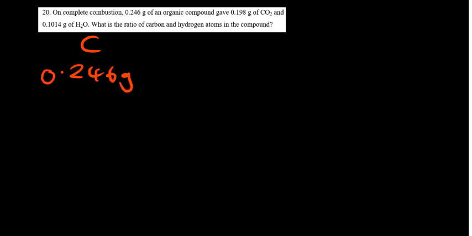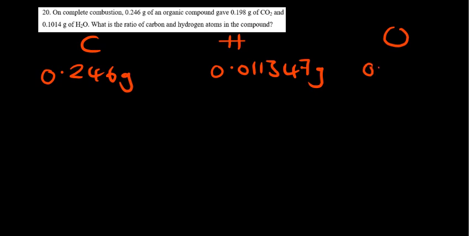For hydrogen, the mass that we found is basically 0.011347. Then for oxygen, what we found is 0.18062 grams. So these are the masses that we have for carbon, hydrogen, and what? And oxygen in this case.